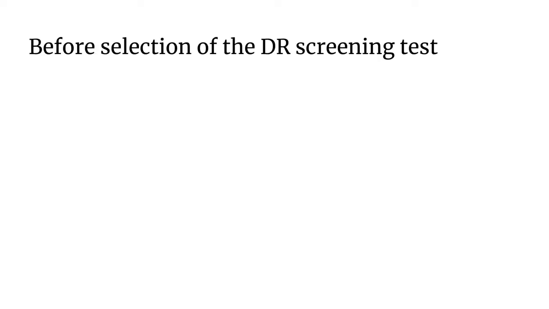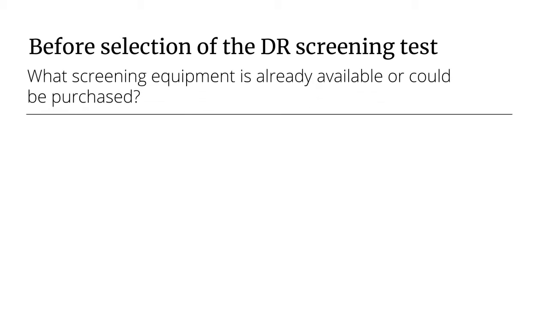local level. Prior to selecting the screening test, there are several key things that we need to consider. First of all, we need to consider what equipment is already in place and what equipment needs to be purchased. Then we have to decide if the equipment is going to be used by one user or by multiple users.